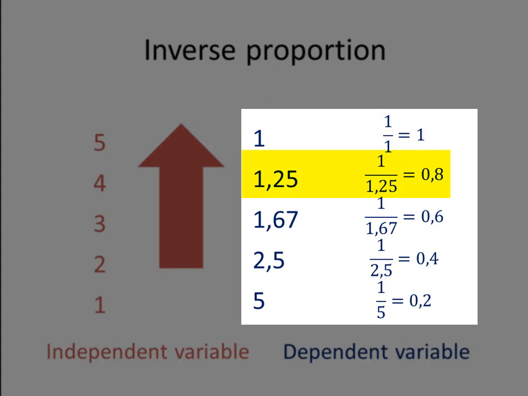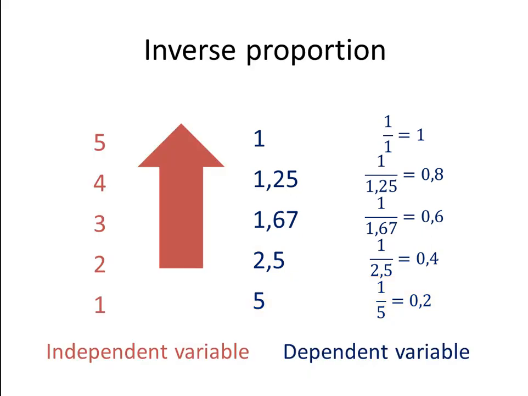How do we get that? 1 divided by 1.25 equals 0.8. 1 divided by 1.67 equals 0.6. The inverse of 2.5 is 1 divided by 2.5, which is equal to 0.4. And the inverse of 5 is 1 divided by 5 equals 0.2.